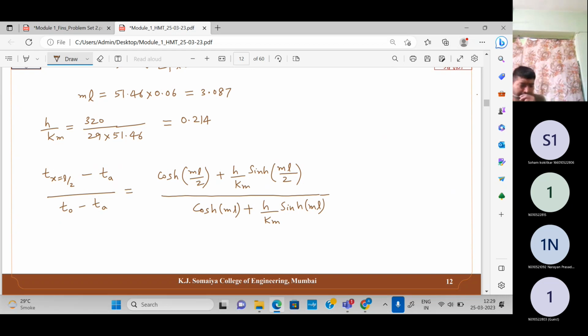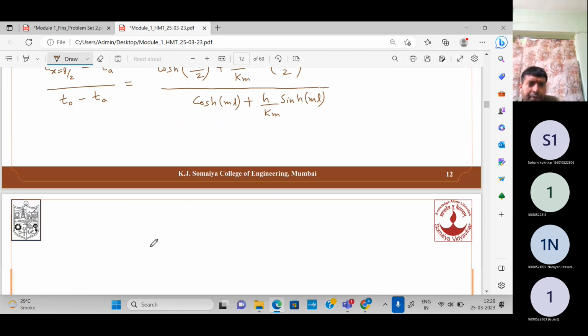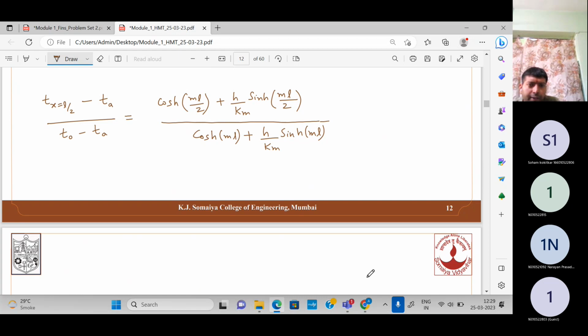So this is the expression. Now you put all the values in this expression. Okay, this is the expression, we have to put the values in it.